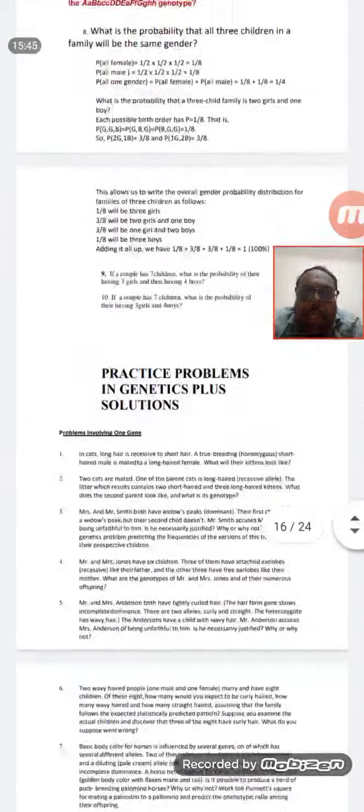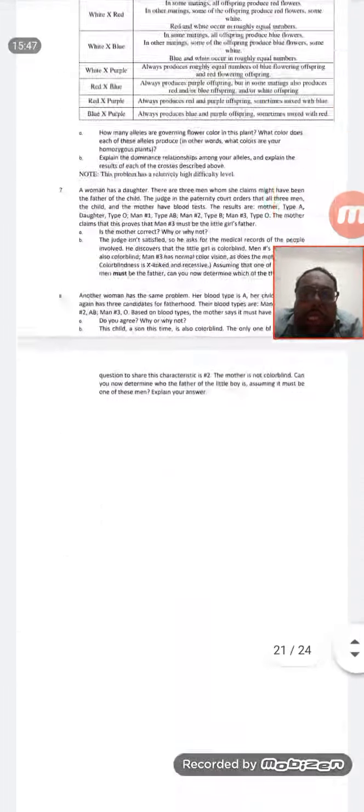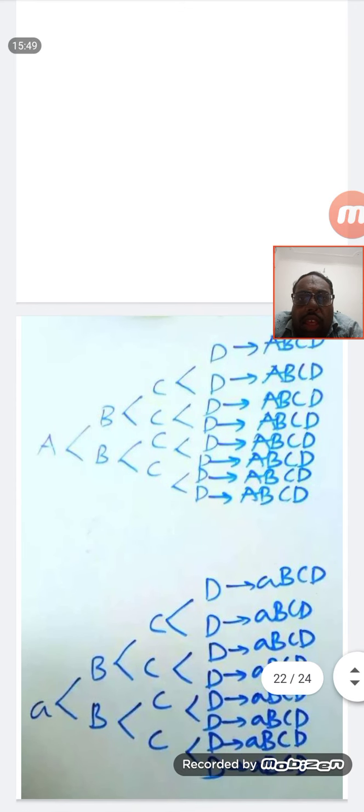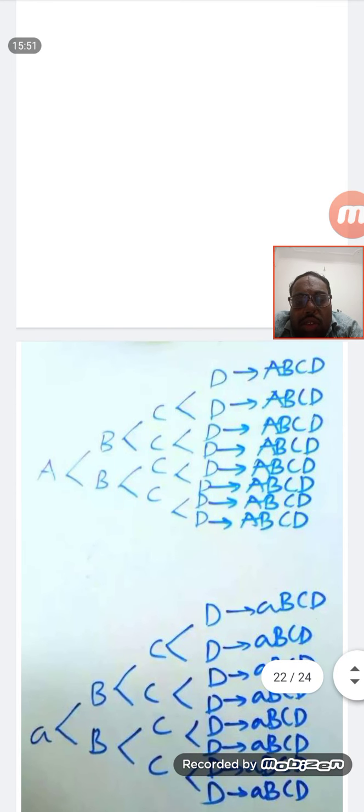Just to see, it was capital A, small a, and all others were capital letters, capital B, capital C. That means A can combine with B, C and D, so we will be getting ABCD.